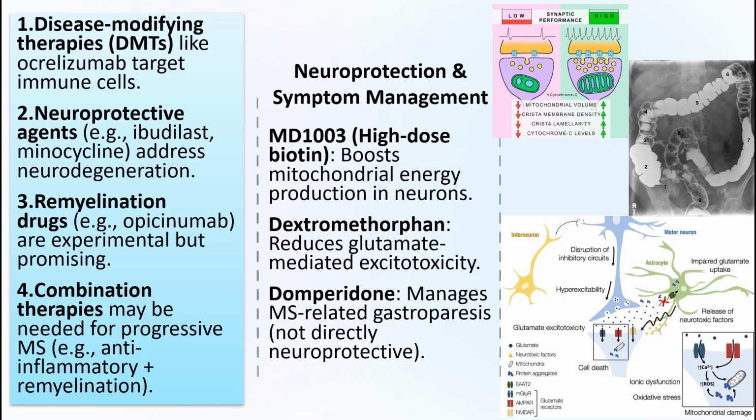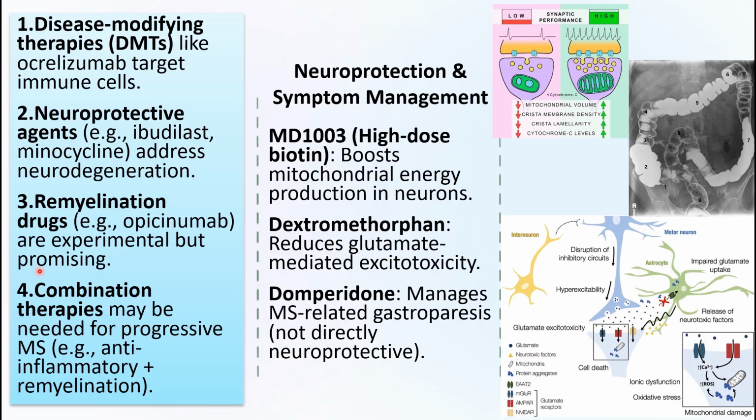Here are some drug and medication treatments listed, such as the disease modifying therapies, DMTs. These include ocrelizumab, which targets the immune cells. Neuroprotective agents focus on neurodegeneration.